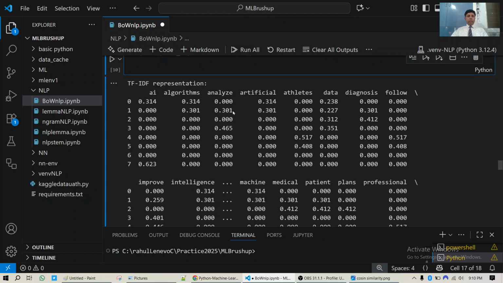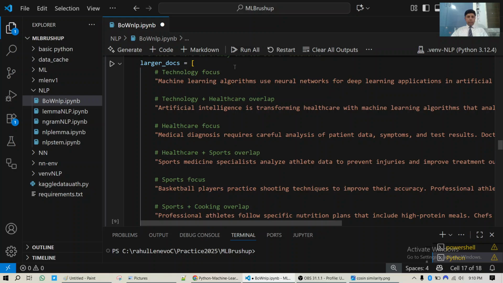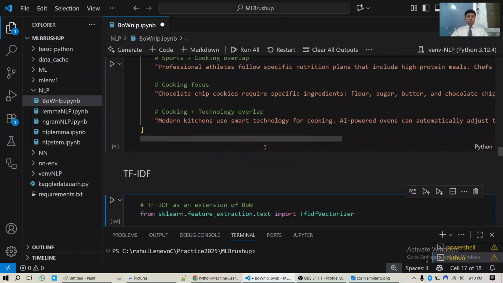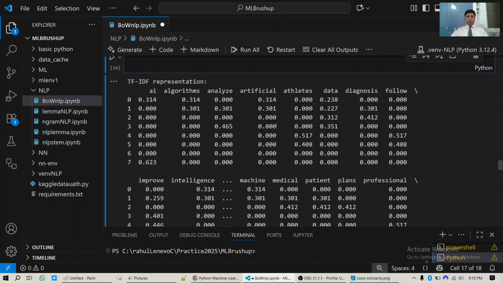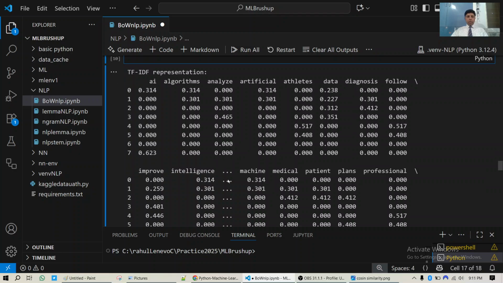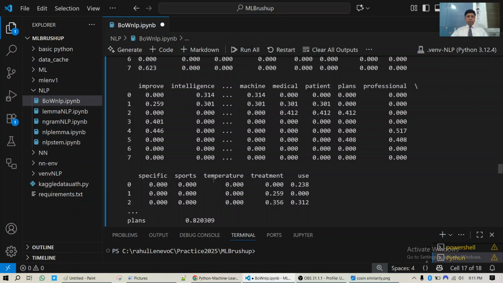After running, you see this is the document, right? Like technology focus, health technology plus healthcare focus. Now, if you see, these are the words that it has found, right? AI, algorithms, analyze, athletes, machine, improve, patient, plans, then specific.